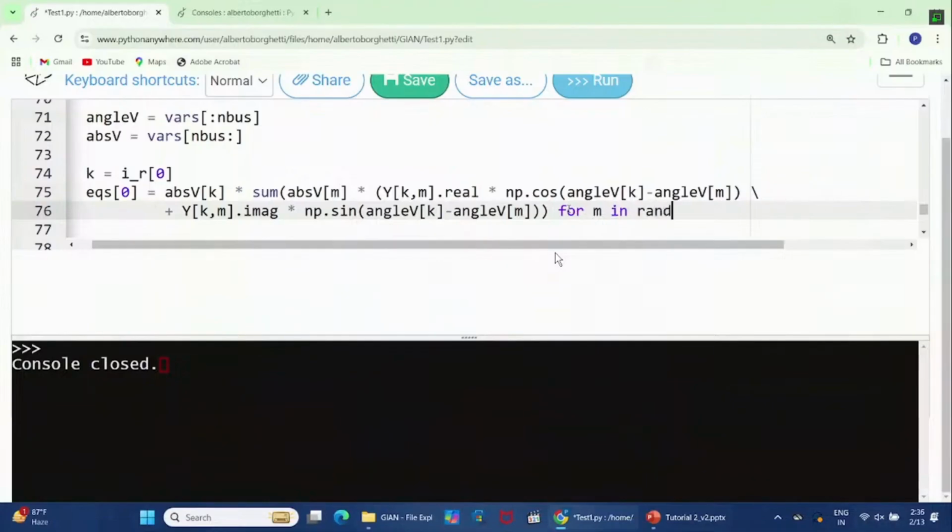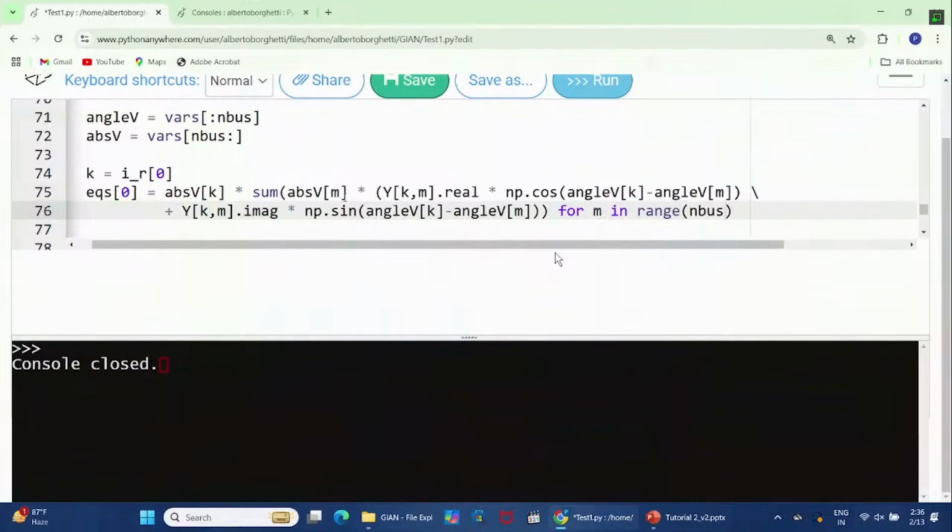In order to say that, we use this range. We have already used in the first lecture this range that says all the buses, 0 and 1. Buses are 1, 2, but Python starts from 0, so for it the indices are 0 and 1. Is it fine? So range of n bus. So this is the summation.